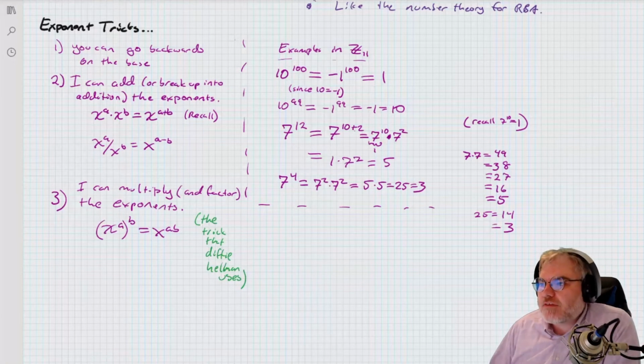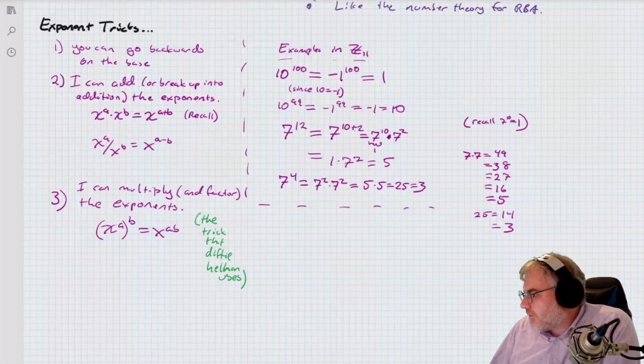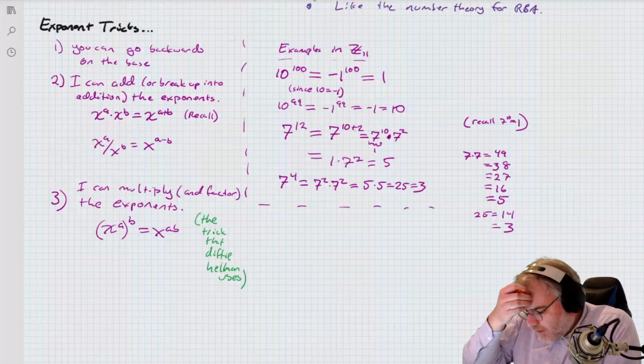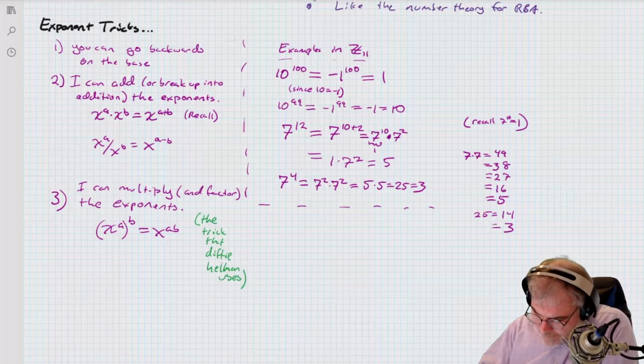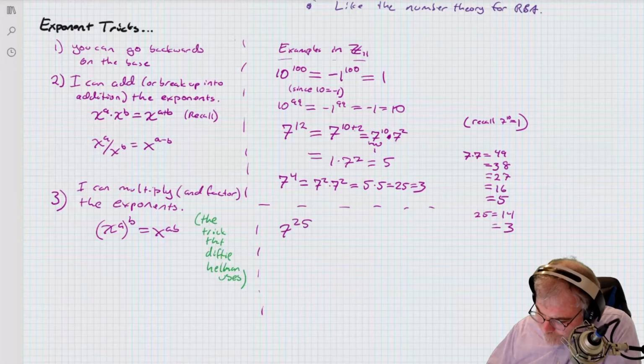All right, so let's give an example. Let me pull back up, let's see, which one was -1? So, for example, suppose I want to do 7 to the 25, again, mod 11.